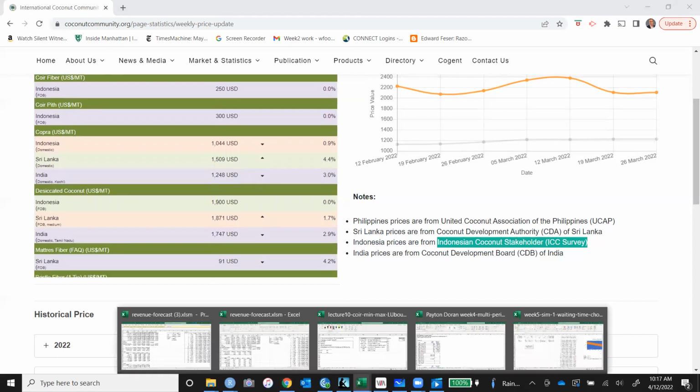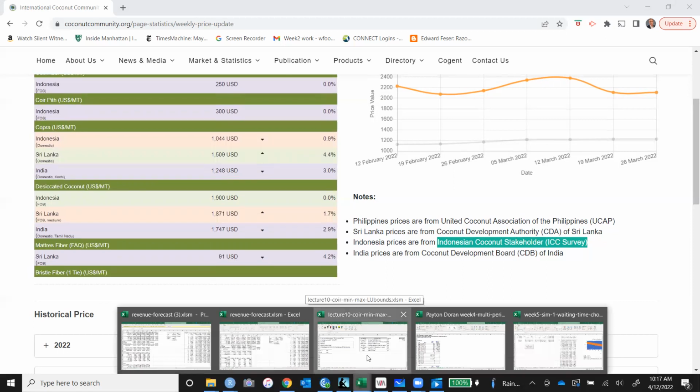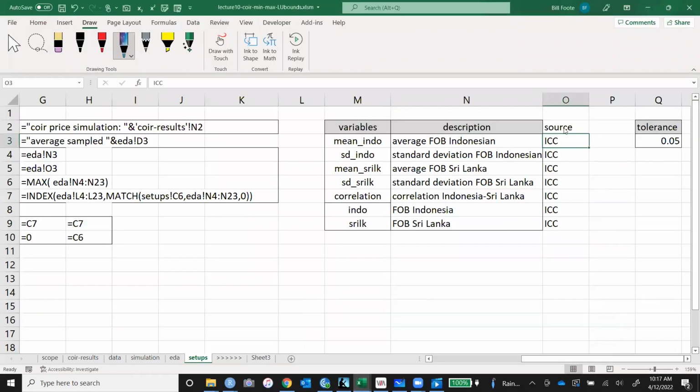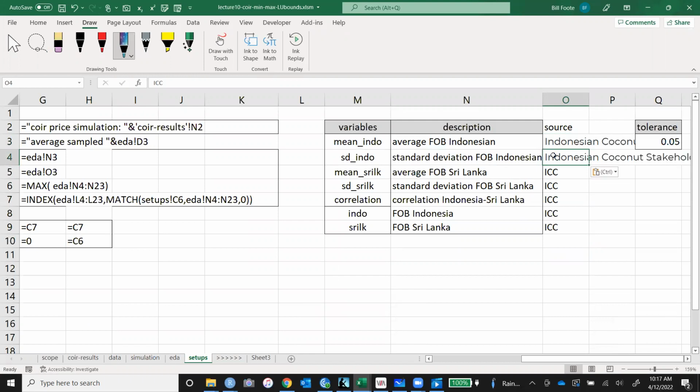You can come up here. There we go. So if it's Indonesian, we're going to use that, the Indonesian coconut stakeholder. If it's Sri Lankan, that's a different crew. It's good to locate the sources, at least begin to put these sources down.